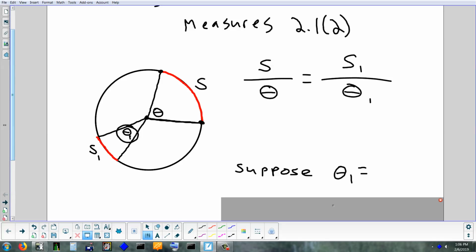Does anybody remember how big this angle had to be? If it was that size, the size of this arc and the size of the radius came out exactly the same. Remember that? How big does that angle have to be? So the size of this arc in red and the length of that radius in black come out the same.